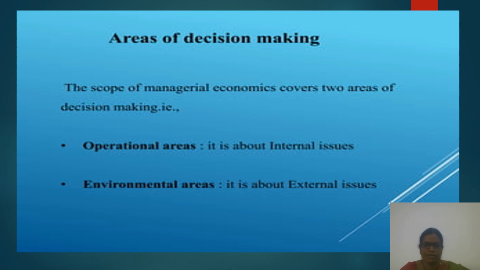The second one is the environmental area. It is about external issues. The general forces include social, political, legal, and technological conditions. The general forces affect the business environment individually.